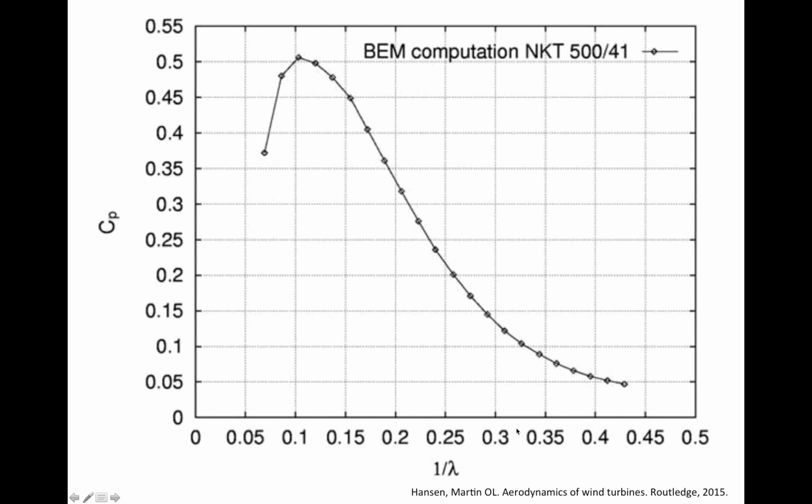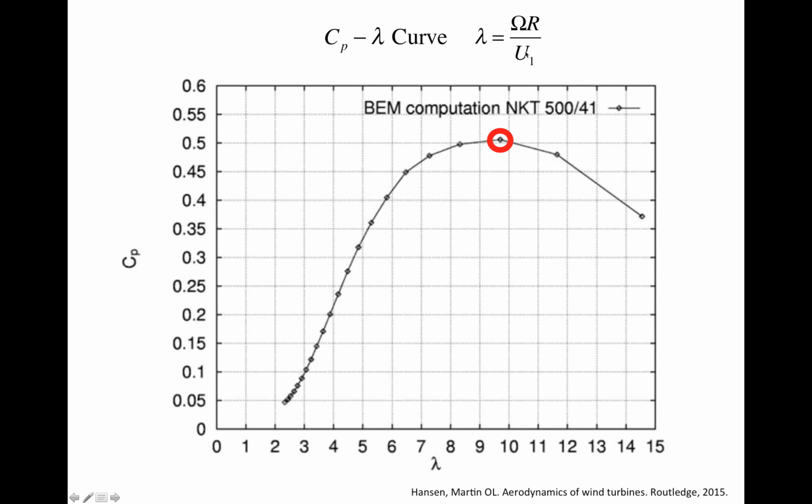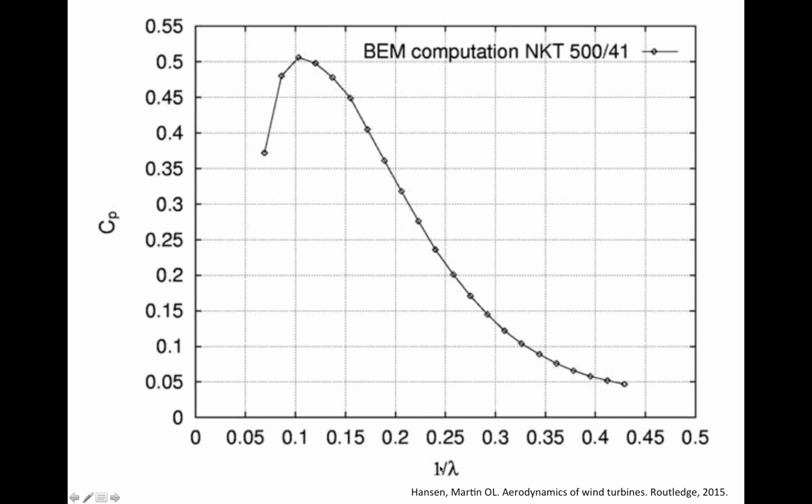Lambda equals omega R divided by U1, so 1 over lambda is U1 divided by capital omega times capital R. So if you plot it as 1 over lambda, the horizontal axis is proportional to the free stream wind speed. It might be easier for us to relate it to the power curve.